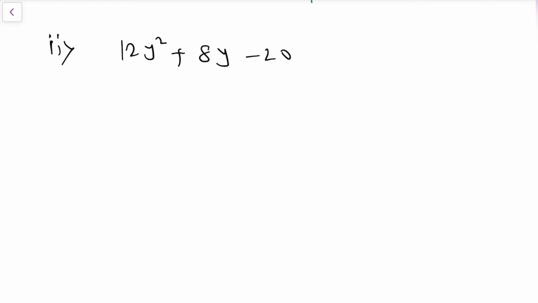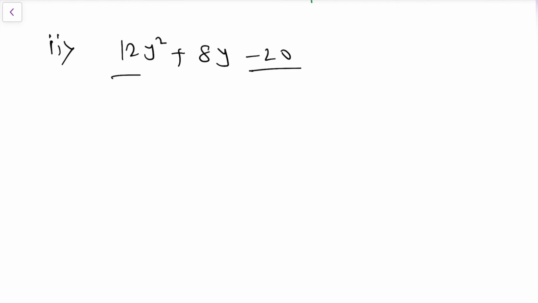Now here 12y square plus 8y minus 20 is there. For this question, splitting is not possible. So that's why I will take out 4 common. Let us check for splitting first of all.